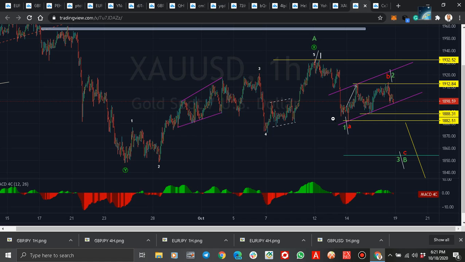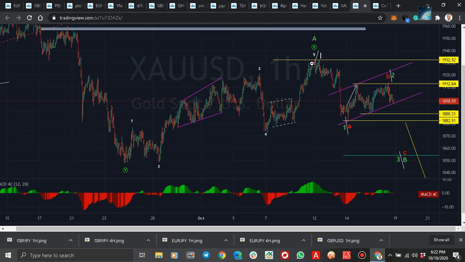For instance, if the correction has ended here, this place should be an impulse. But if you are familiar with Elliott wave analysis, you will know that this is not an ideal impulse move. This movement is corrective, so it's not an ideal impulse move. But everything is possible in forex business.